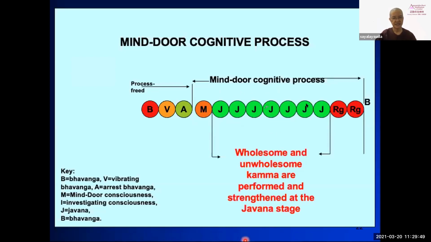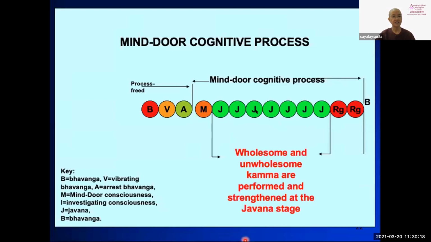If the object is disagreeable, let's say you hear abusive sound, somebody abuses you, criticizes you, so the object is very disagreeable, then unwholesome consciousness rooted in anger, accompanied by displeasure, prompted or unprompted, will arise at the javana stage, one after another for 7 times.